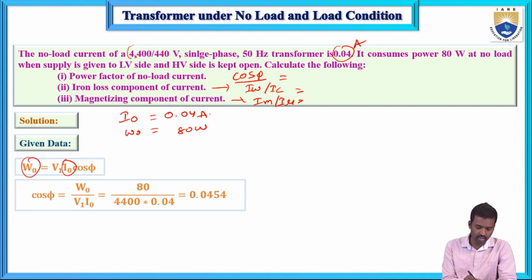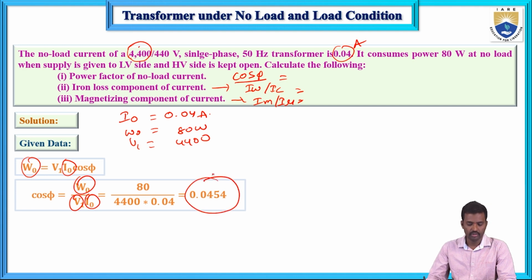V1 is given, V1 equals 4400. From W naught, V1 and I naught we get cos phi naught. So the power factor is 0.0454. This is the power factor.